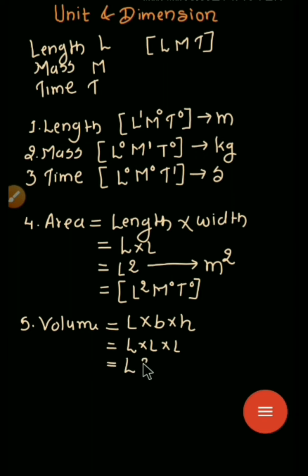This is L cube. And अगर हमें इसका dimensional formula लिखना है तो L of power 3. मास और टाइम क्या है? एब्सेंट है, सो इट्स पावर इज 0. और अगर वॉल्यूम का यूनिट निकालना है तो by using this formula we can write down, L क्यूब मतलब लेंथ का क्यूब, सो इट्स यूनिट इज मीटर क्यूब.